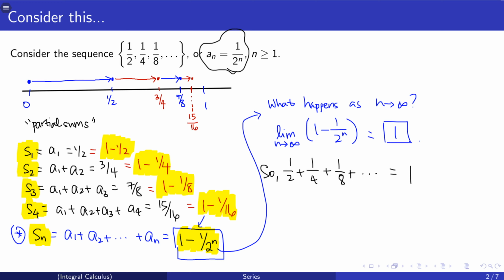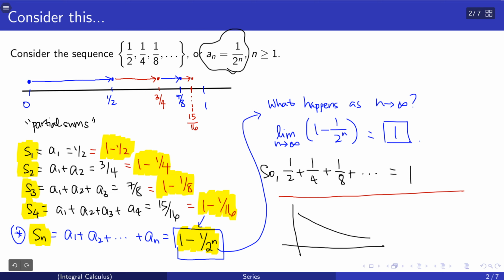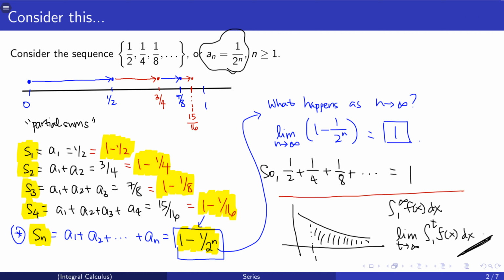Think about it this way. Remember from before that we were talking about what happens when you take an integral of an infinite area. And what did we do there? We said that if this limit exists, limit as t goes to infinity of the definite integral from 1 to t, then we'll call this the value of your improper integral from 1 to infinity.